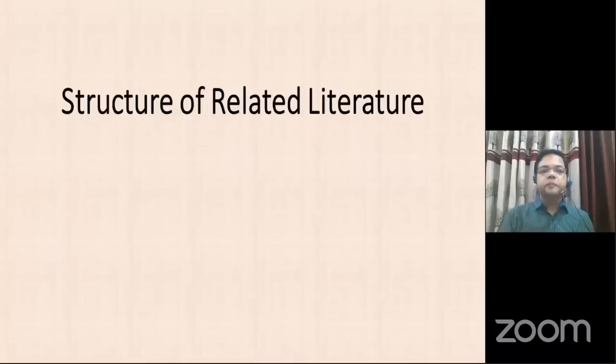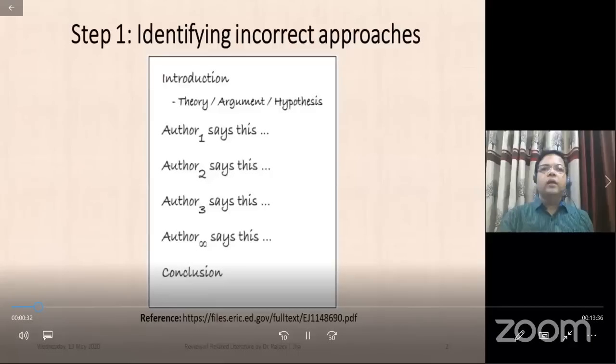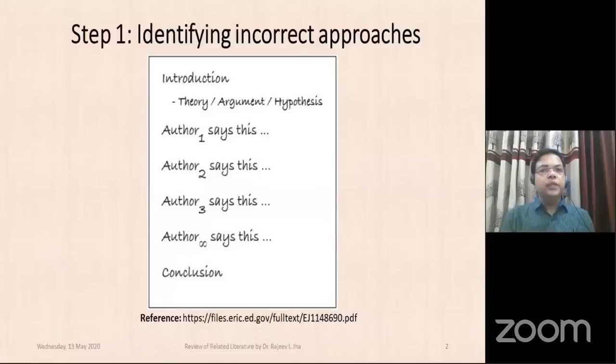Step 1 is identifying incorrect approaches. Most students correctly begin with an introduction where they might discuss their overall purpose, hypothesis, and so forth. But then they will begin the first paragraph with "author 1 says that." Then the next paragraph they will say "author 2 says this," making each paragraph about a separate author.